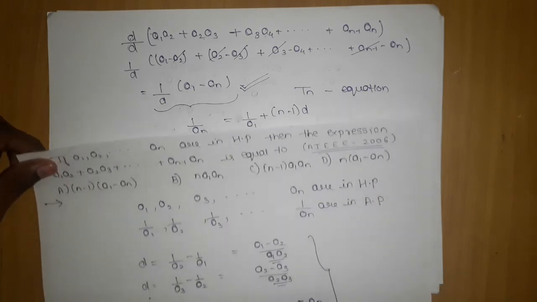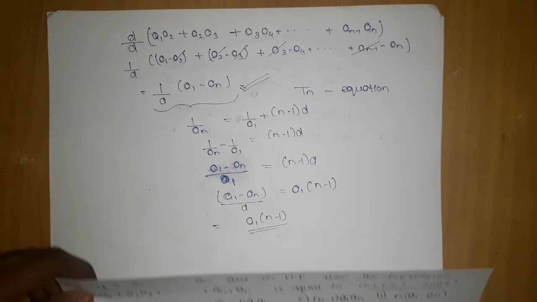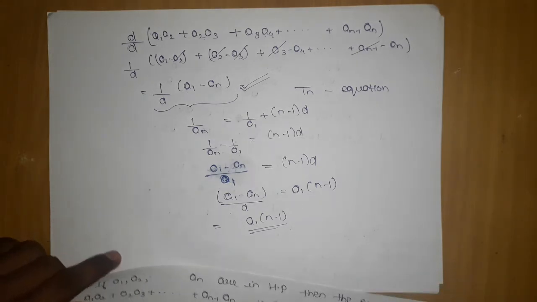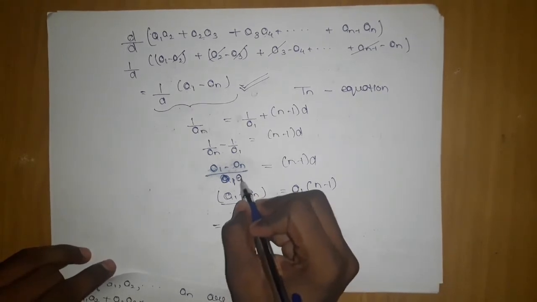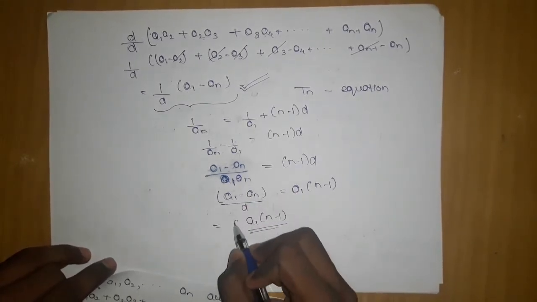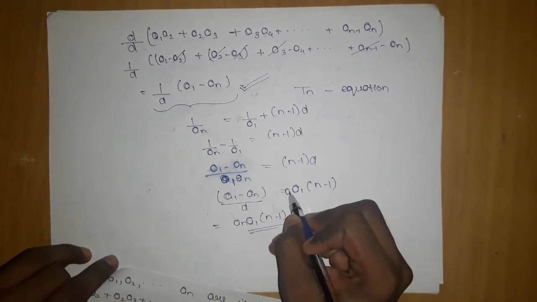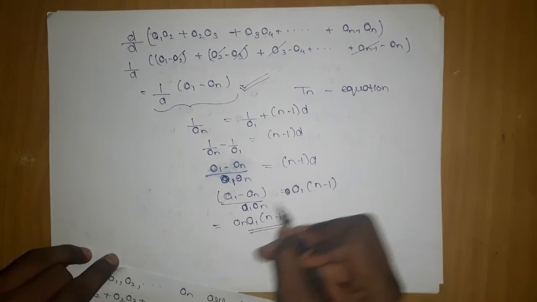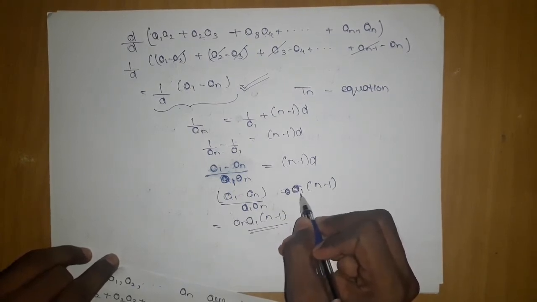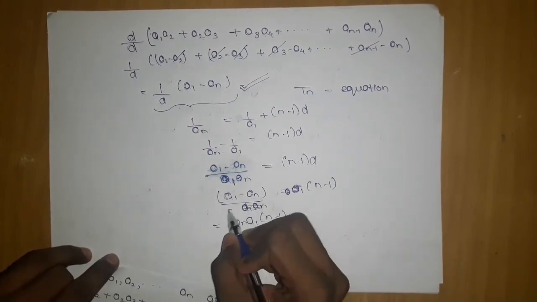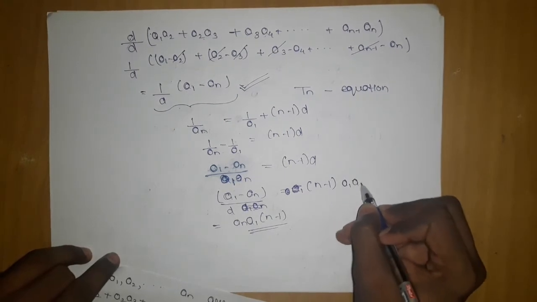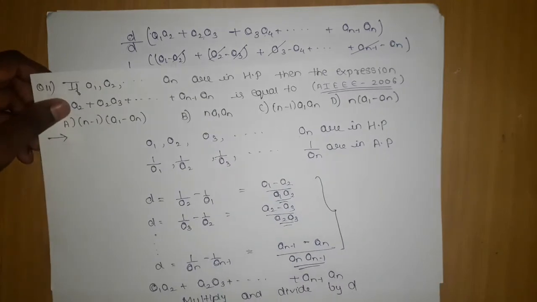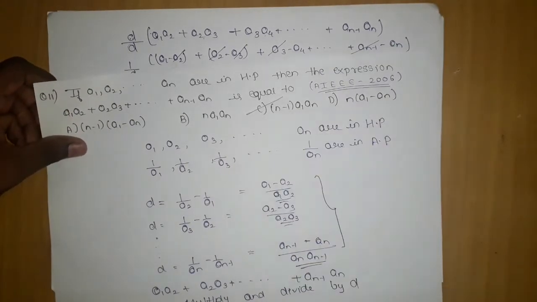So what we can see is a1 into an will be there, and this will be multiplied here. So this is the required answer, and the option is a1 into an into n minus 1. So C is the answer.